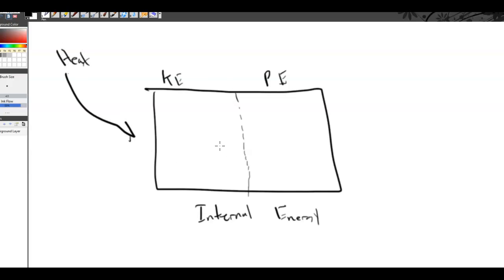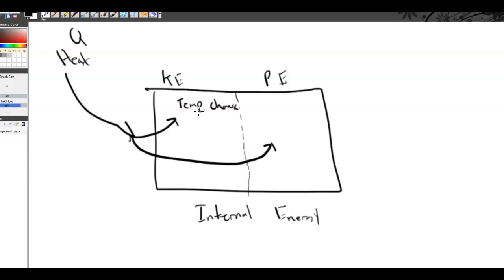And again, this is just meant to help you understand the concept. If I add heat, remember that's Q, then that energy can either go to here or it can go to here. If it goes to here, the object is going to have a temperature change.